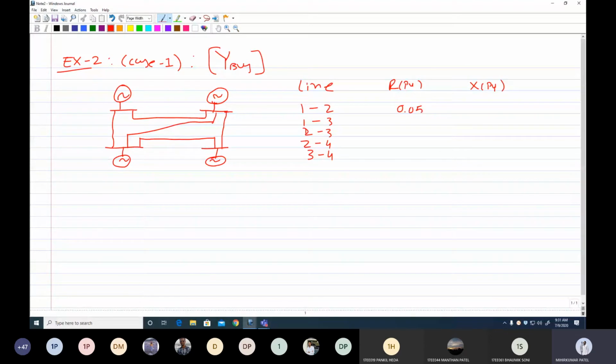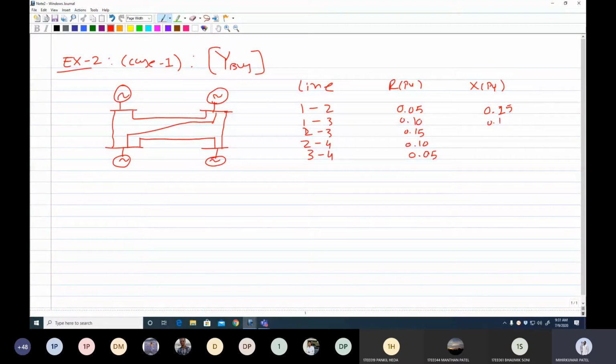Resistance is 0.05 per unit, 0.1, 0.15, 0.12. This is a very famous example from the book of Nagrath and Kothari, example number 6.1. If you wish, you can refer to the book also.